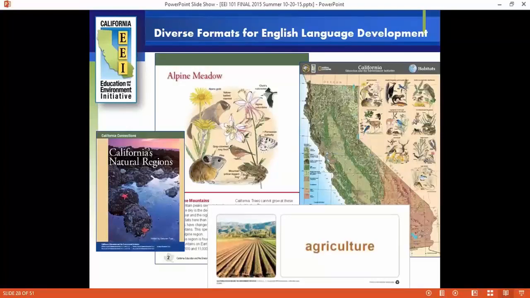So many rich sources. I find that it really helps my English language learners to understand, especially the vocabulary piece. I think in elementary school, especially, all students are English language learners at some level. So great resource for that.